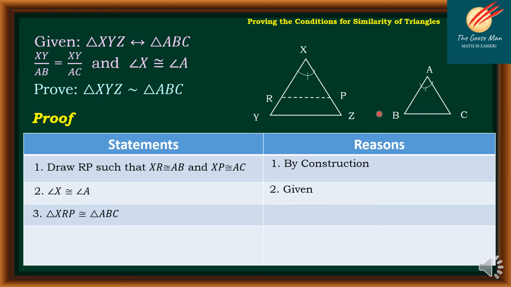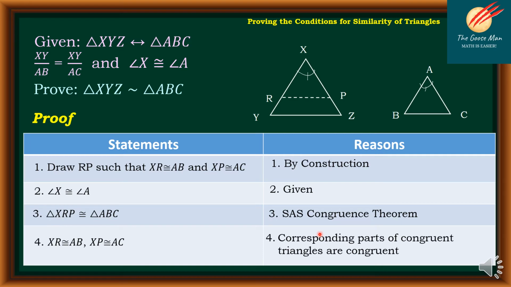Number 3, triangle XRP is congruent to triangle ABC because of the side-angle-side congruence theorem. For number 4, XR is congruent to AB, then XP is congruent to AC because corresponding parts of congruent triangles are congruent.